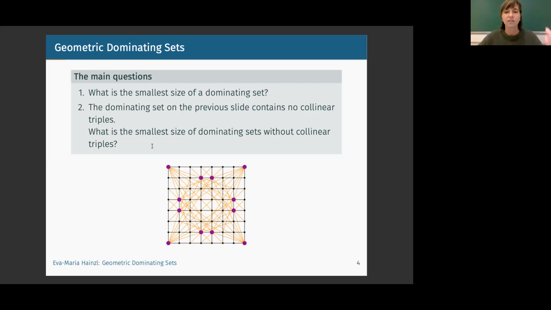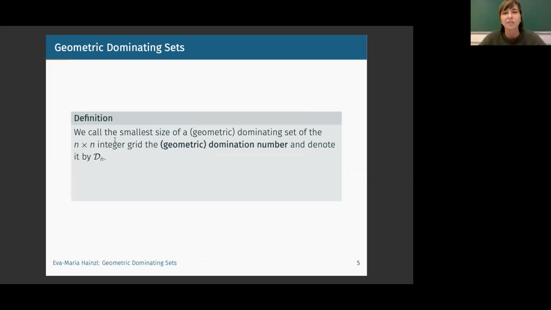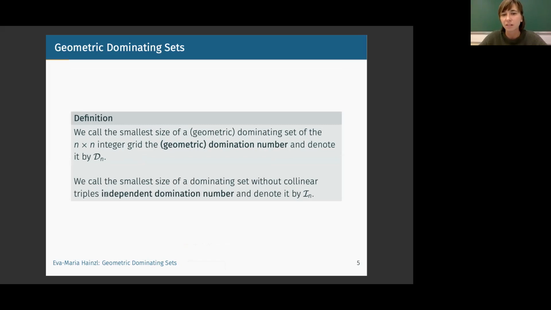Just to give these notions a label, we say that the smallest size of a geometric dominating set of the n times n integer grid is called the geometric domination number, denoted by d_n. And in case we do not allow collinear triples in the dominating set, we call it the independent domination number, and we denote it by i_n.